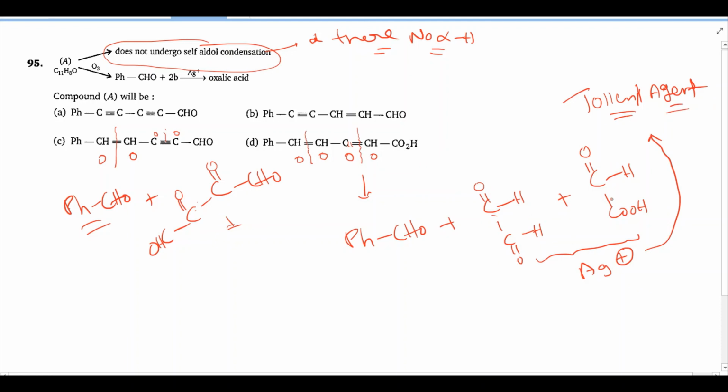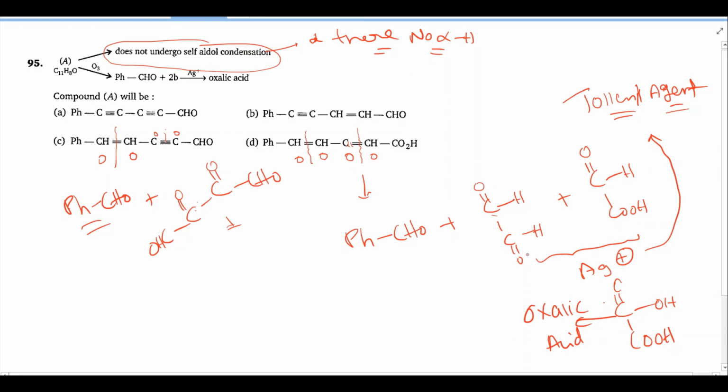So after that, what will happen? So this is the aldehyde. Aldehyde is converted to carboxylic acid. After carboxylic acid conversion, this is called oxalic acid. Okay, so this is oxalic acid.